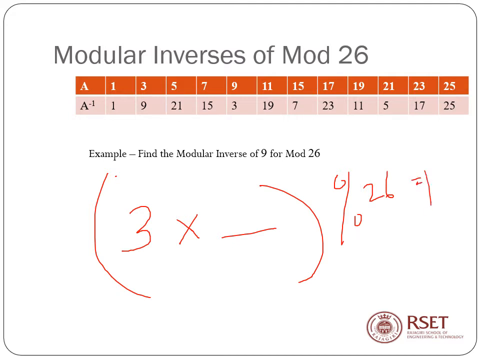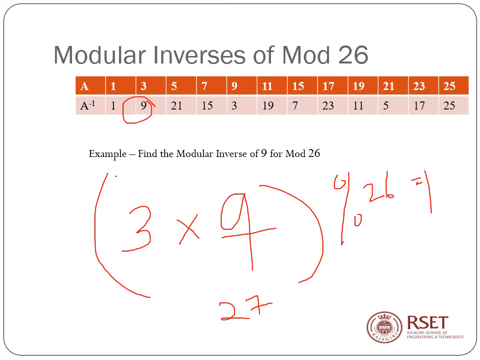Go for trial and error. 3 into 3 is 9, 9 mod 26, 3 into 4, 3 into 5. What about 3 into 9? 3 into 9 is 27, right? What is 27 mod 26? You will get 1. So 9 is the multiplicative inverse of 3.